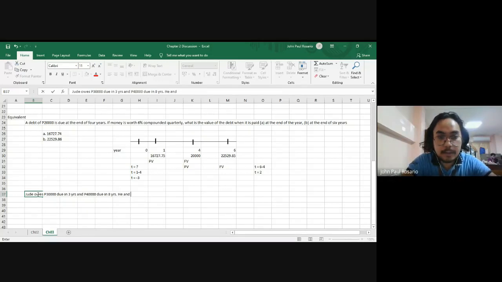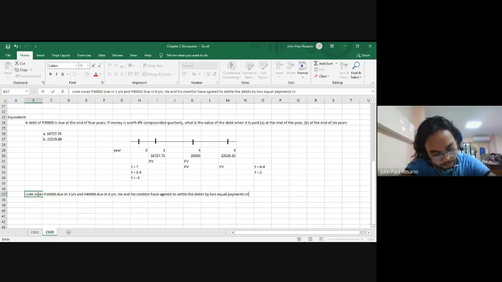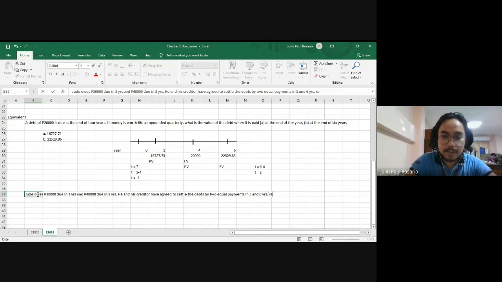He and his creditor have agreed to settle the debts by 2 equal payments in 5 and 6 years, respectively.